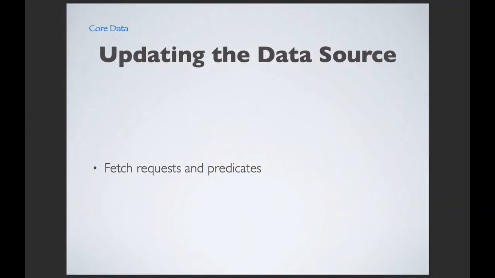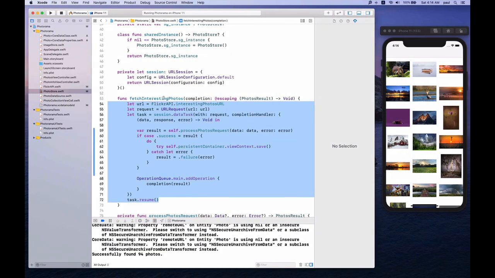Updating the data source. One problem with the app at the moment is that the fetchInterestingPhotos method only returns the newly inserted photos. Now that the application supports saving, it should return all of the photos, the previously saved photos as well as the newly inserted ones.